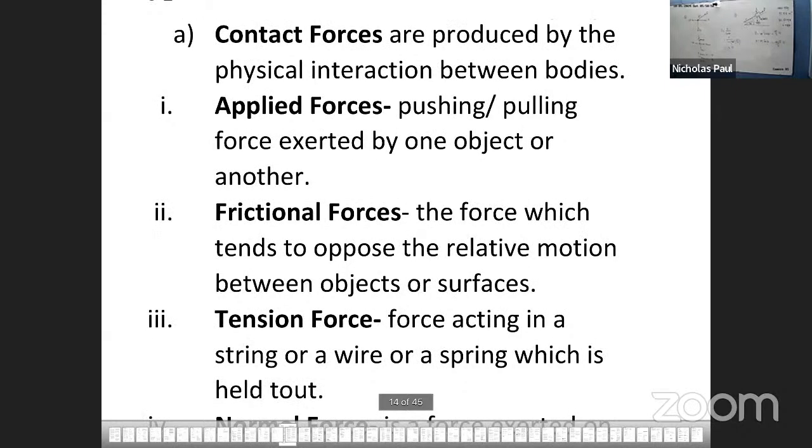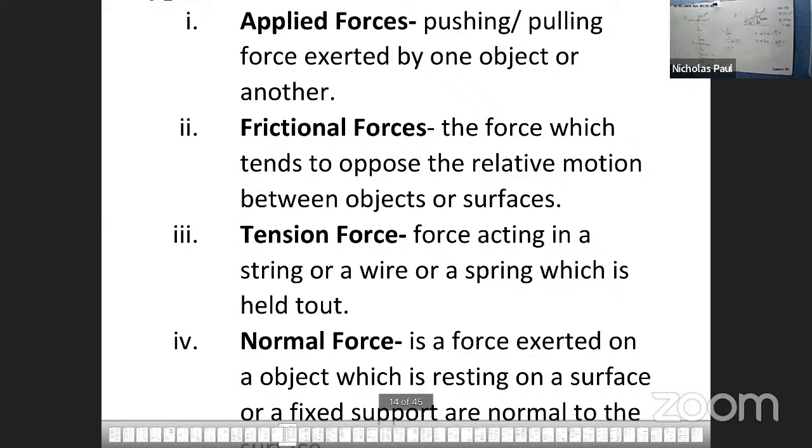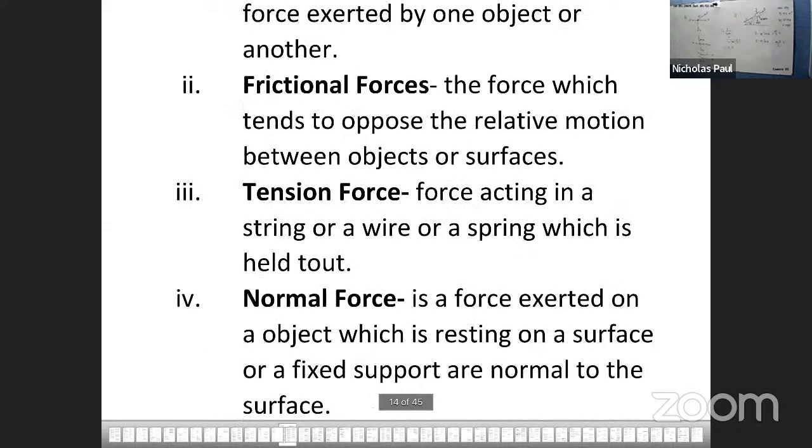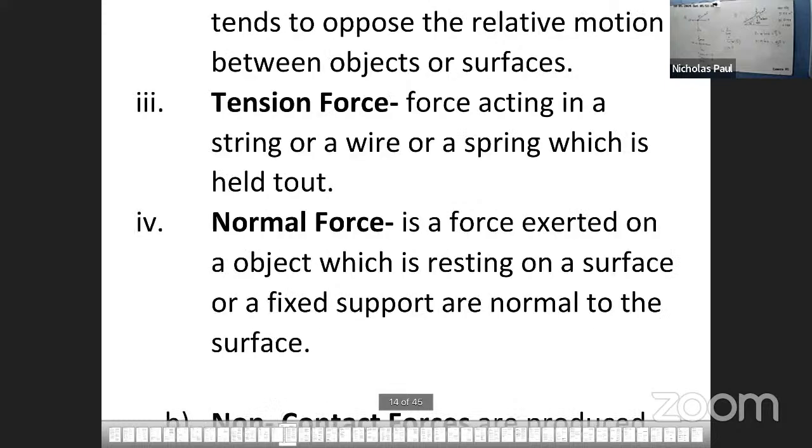Tension force is the force acting on a spring or wire which is held taut. The normal force is a force exerted on an object resting on a surface or a fixed support, and is normal to the surface. And you have non-contact electric forces and so on.